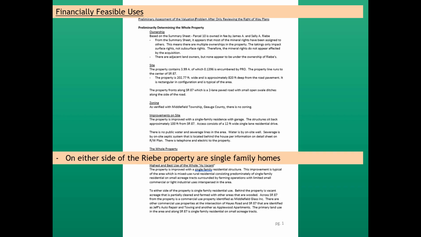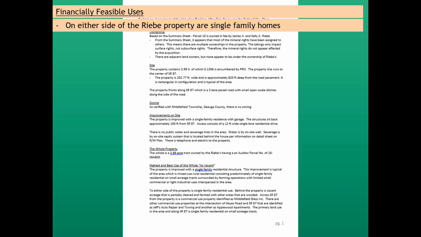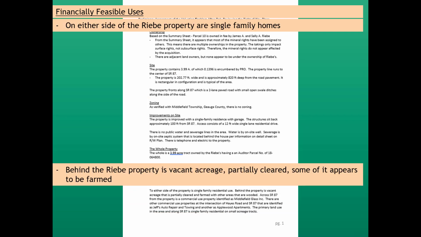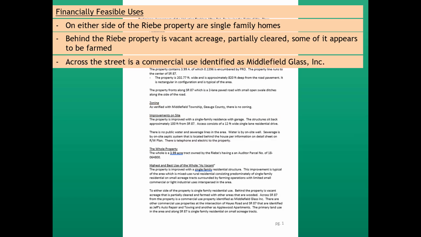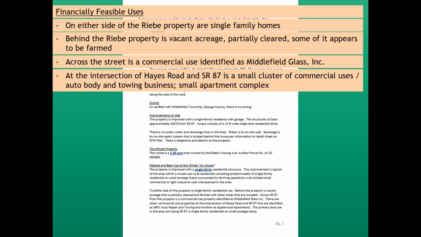The financially feasible uses for this property. On either side of the Ryby property are single-family homes. Behind the Ryby property is vacant acreage. It's partially cleared. Some of it appears to be farmed. Across the street is a commercial use identified as Middlefield Glass Incorporated. And at the intersection of Hayes Road and State Route 87, which is just down the street from the Ryby property, is a small cluster of commercial uses that includes an auto body and towing business and a small apartment complex.